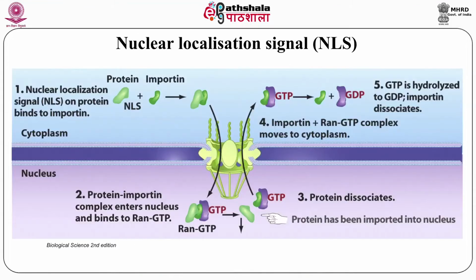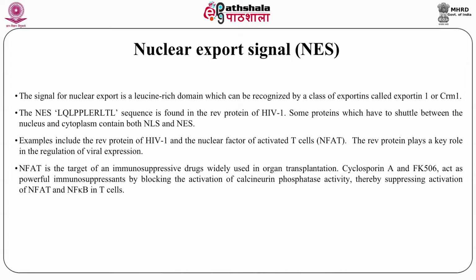Some proteins which have to shuttle between the nucleus and the cytoplasm contain both nuclear localization signal, NLS, as well as NES, which is the nuclear export signal. Examples include the Rev protein of HIV-1 and the nuclear factor of activated T cell, NFAT.